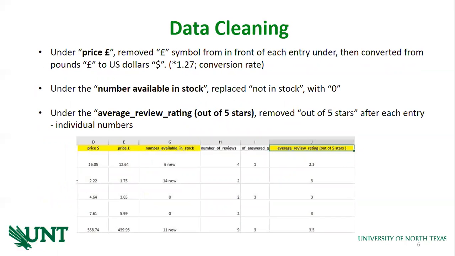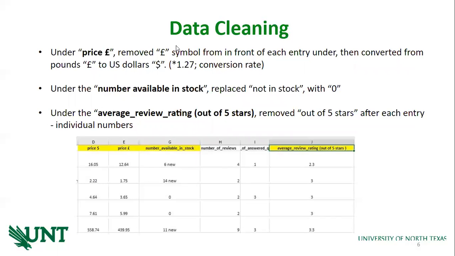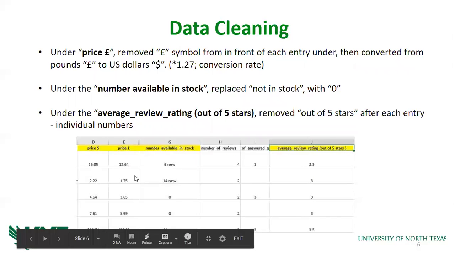But before I could explore the data, I needed to do some data cleaning, which is filling in the blanks and converting what I needed to. The first thing I noticed is this came with English pounds as the price. The first thing I did was remove the pound symbol from in front of all of the numbers and made them individual numbers.